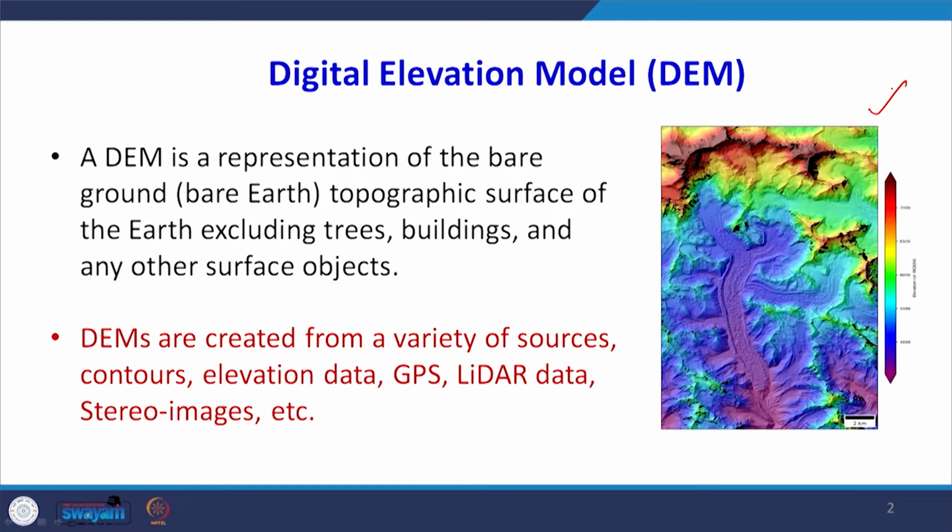The LiDAR data is a very dense kind of data, and we can get a very high resolution DEM produced with LiDAR data. Stereo images, whether satellite images or aerial photography, can be used to create a 3D model of the area, or digital elevation model of the area. So there are different methods.